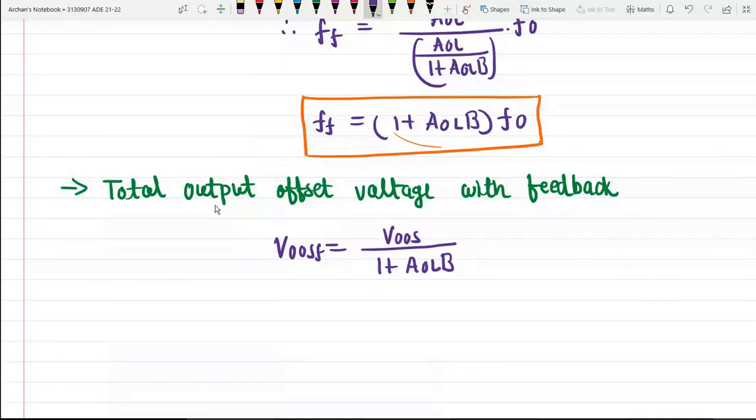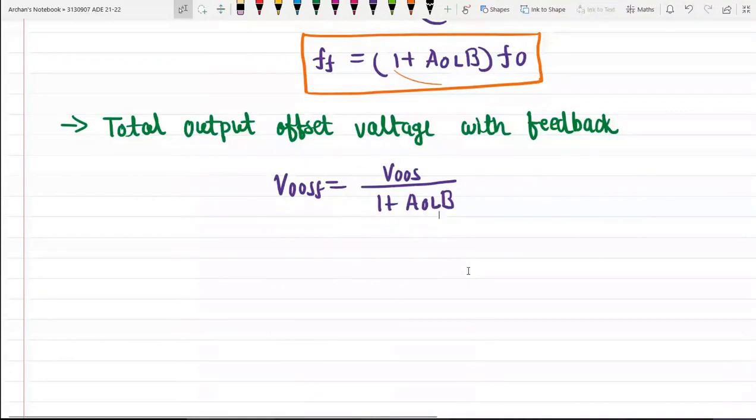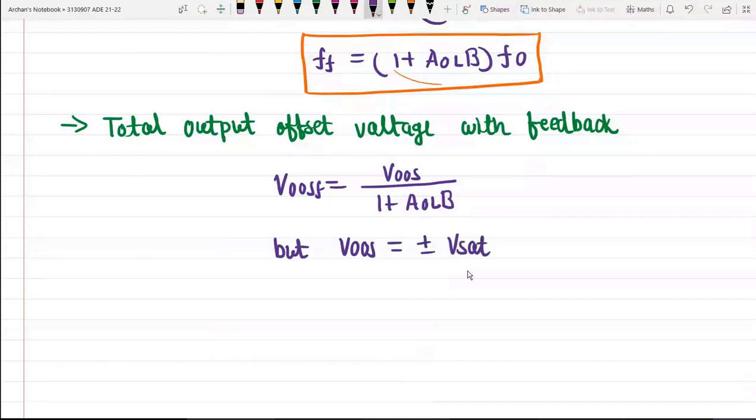Now what is output offset voltage? Output offset voltage is equal to either positive or negative saturation voltage. So here output offset voltage is plus or minus V saturation voltage.